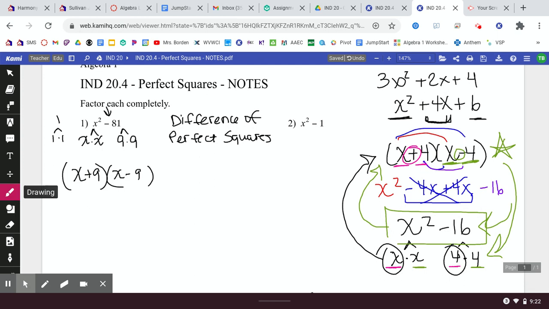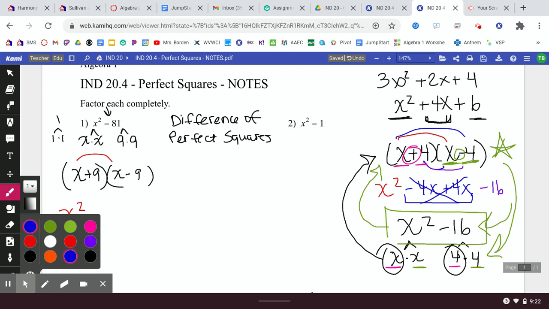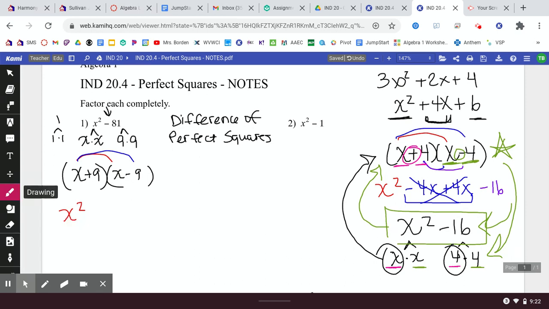So if I FOIL and I do x times x, I get x squared. Then I take my outer, my x times my negative 9, and I get negative 9x. And then I take my inner, well, that's a positive 9 and positive x is positive 9x.